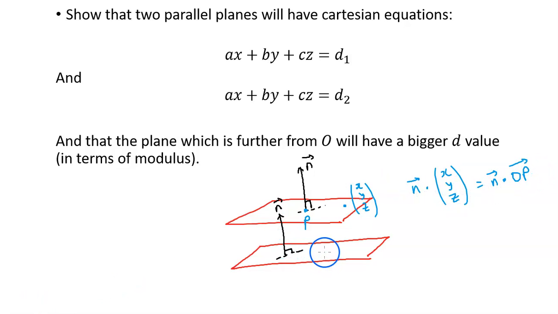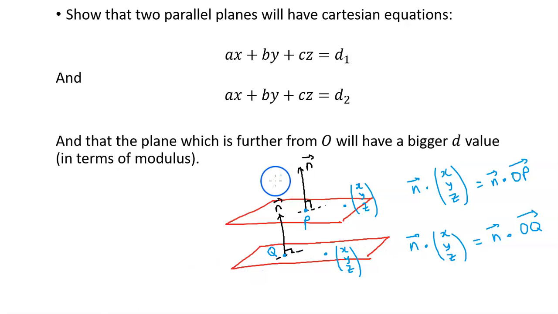Now similarly, if we take another arbitrary x, y, z point in our other plane that's parallel to the first plane, then let's call this point Q. This time we have that n dotted with x, y, z is equal to n dotted with OQ. So the d value has changed depending on what point the plane goes through.